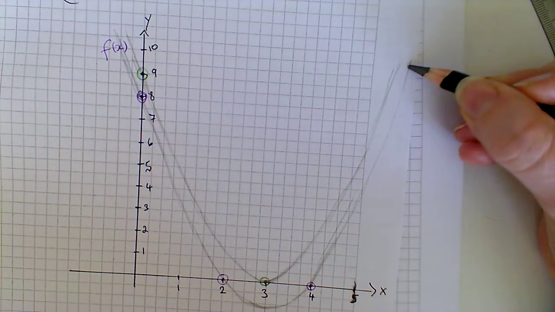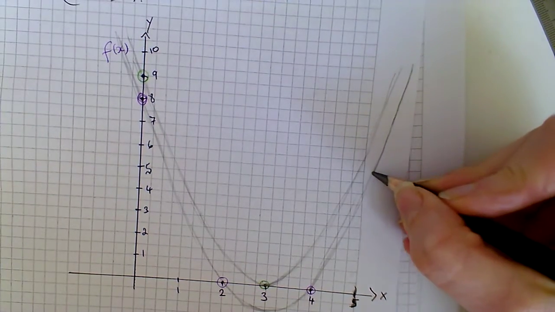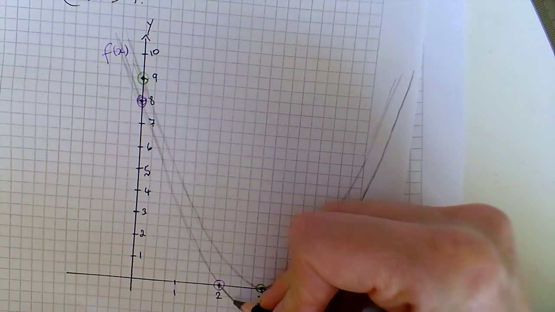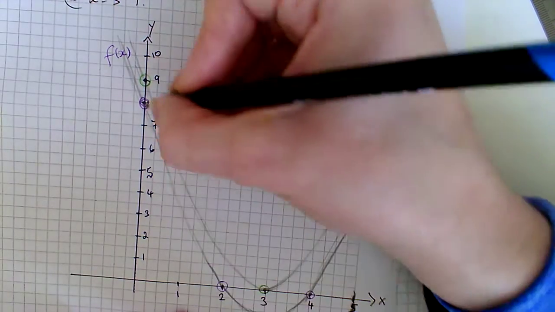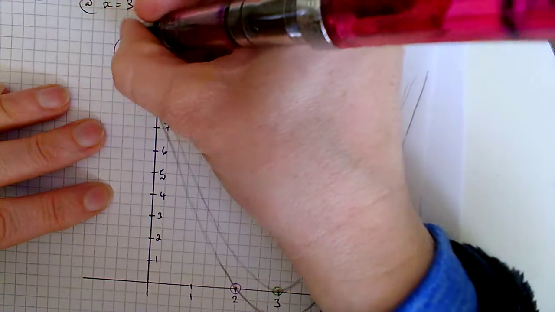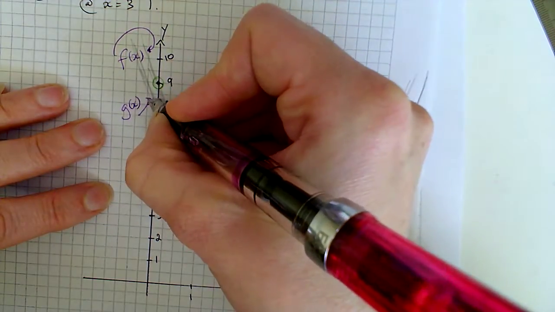Once I've got the basic shape of the graph in, I can remove any extra scribbly bits of my line to make sure that I have a nice smooth curve. I really should have made this clear because they're kind of drawn on top of each other. So this one is f of x and this one is g of x.